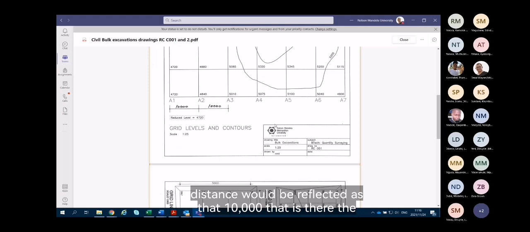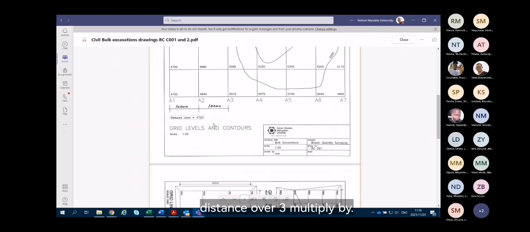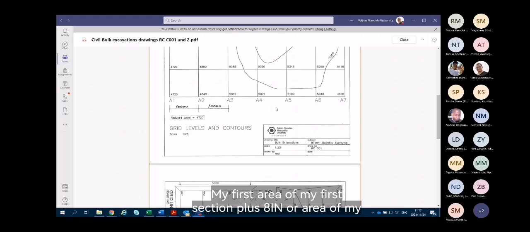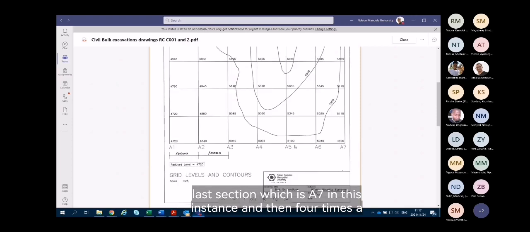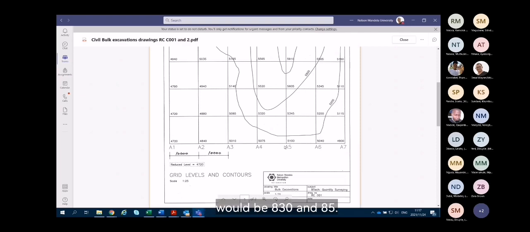The distance over 3 multiplied by A1, which is the area of my first section, plus AN, the area of my last section, which is A7 in this instance, and then 4 times the area of my even numbered sections, which would be A2, A4, and A6, and then 2 times the area of my other sections, which would be A3 and A5.